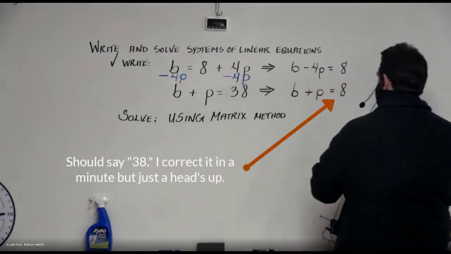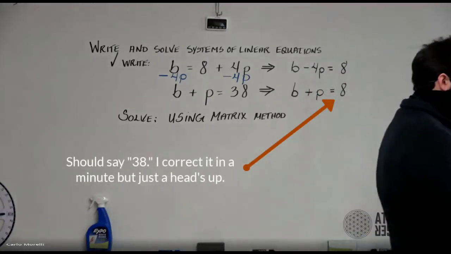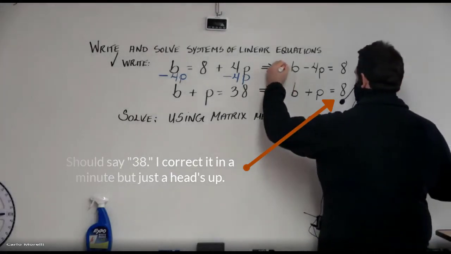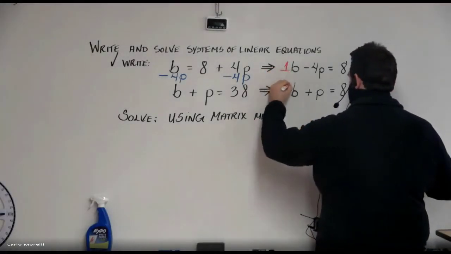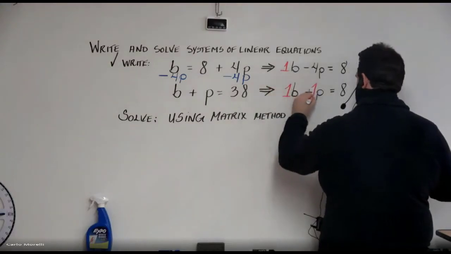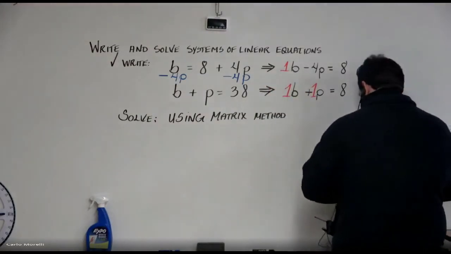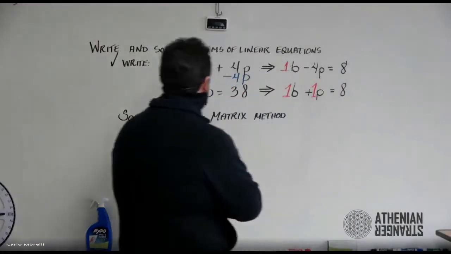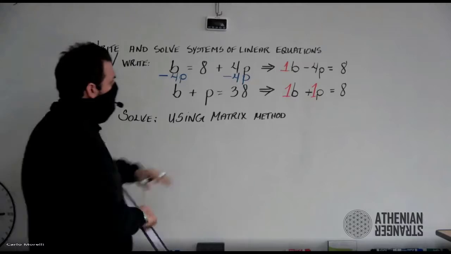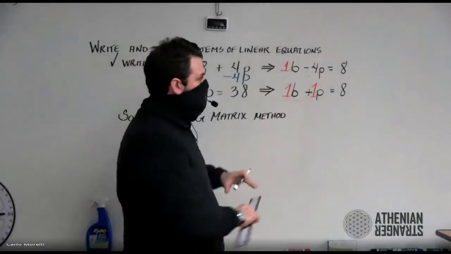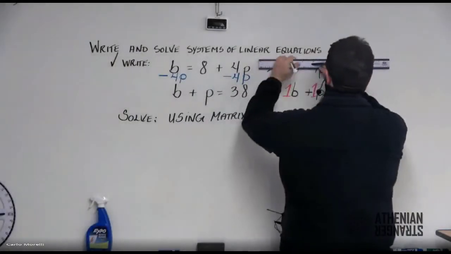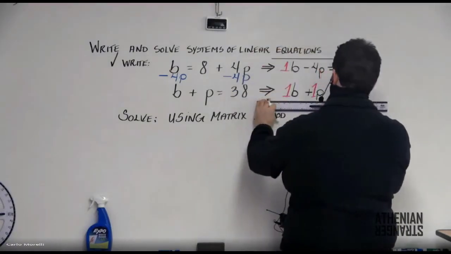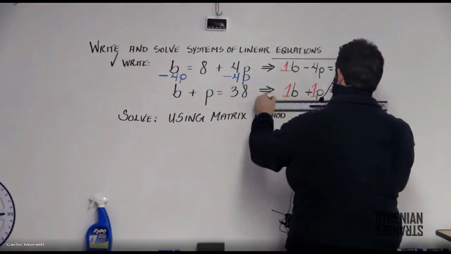Now, if you have any letters that don't have numbers next to them, it's extremely important that you come in here and write 1. Very, very important step. Now, put a box around these two equations. I'll show you just what I mean.